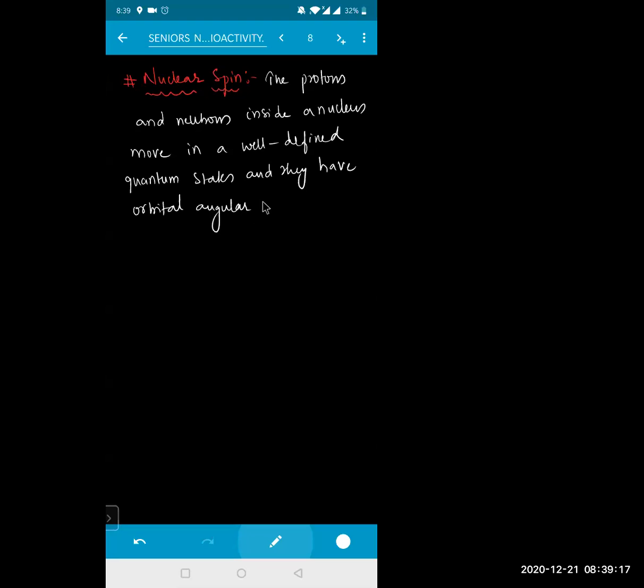That means the protons and neutrons also have an internal spin. The protons and neutrons also have internal spin angular momentum.